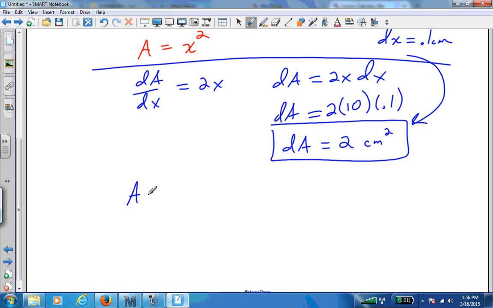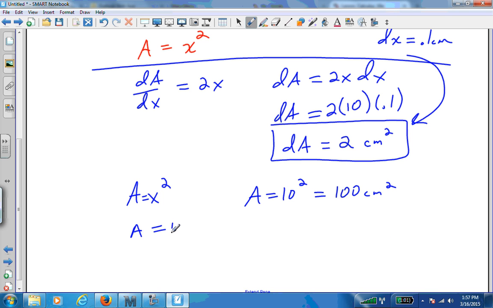So we said A equals x squared. So if I measure it to be 10, then if it is exactly 10, that gives us 100 centimeters squared.